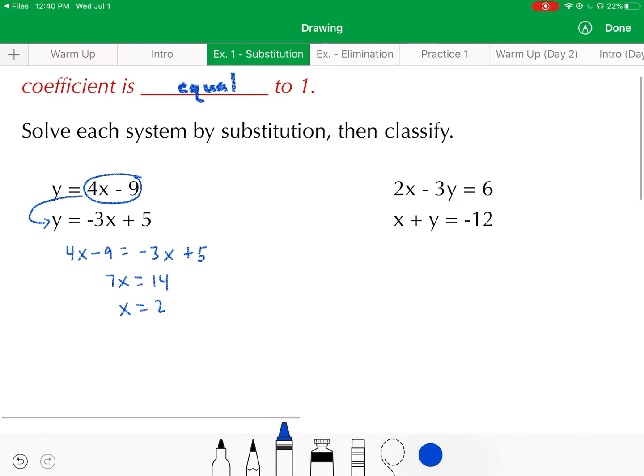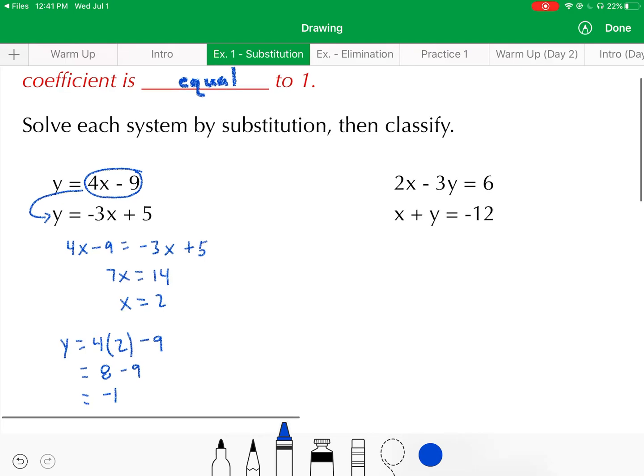And I can do that by plugging 2 in for x in either of the equations, right? If this is going to be a solution to the system, I should get the same y value using x equals 2 in either equation. So I'm just going to plug it into the top equation, and that's going to end up giving me 8 minus 9, or negative 1 for y.